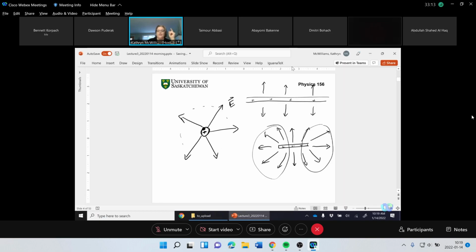But for an infinite plate, you never get to the end. So the field is always perpendicular and it never dies off, even if you get to infinite distances. And that seems unreasonable, but then also our assumption of an infinite plate is unreasonable because you can't have an object like a plate that's an infinite size.